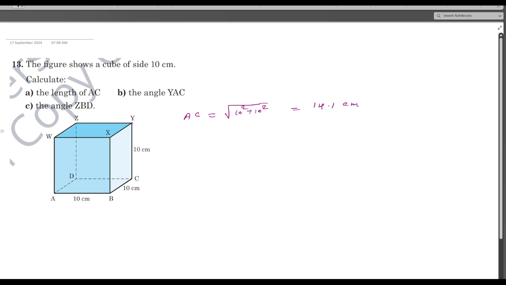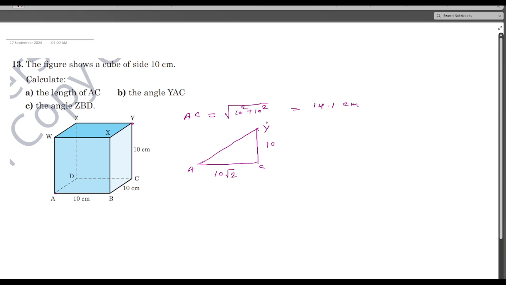Then angle YAC. So Y is here, A is here, C is here. It is better if I draw it separately. Say this is AC, which is 10 root 2. This is the exact value. And CY, this is 10. And now this is your AY.